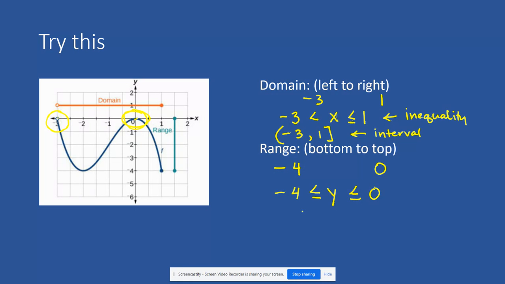So for my brackets, I'm going to do -4 and 0, and I'm going to use square brackets on both of those because both of them are included. Okay, this is the inequality notation, and this is the interval notation.